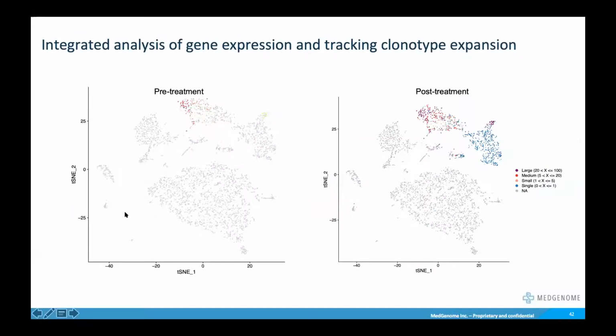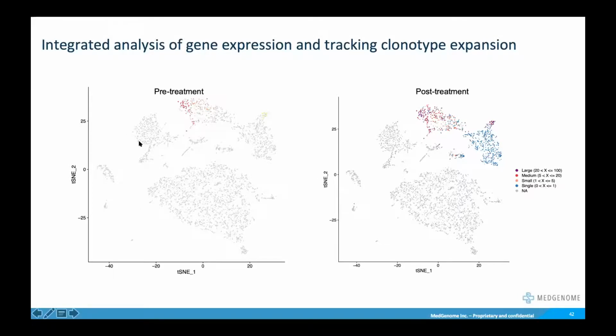And finally, the power in single cell technology is to be able to assay multiple data points. And here I'm showing you integration of single cell RNA-seq data with TCR or BCR data. And what I'm showing you here is one patient who's been treated with a particular drug. And we're looking at RNA-seq data and single cell RNA-seq data.